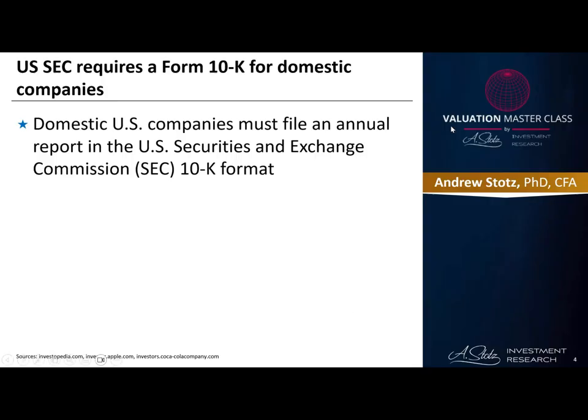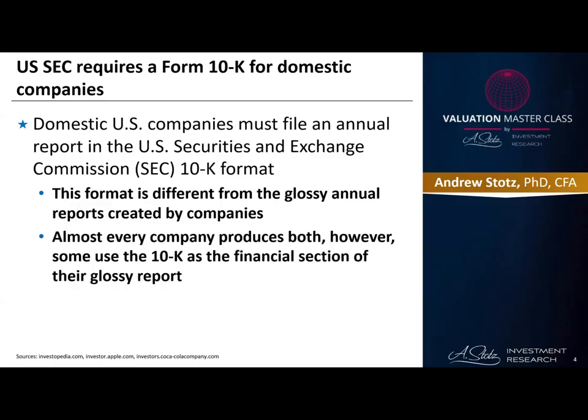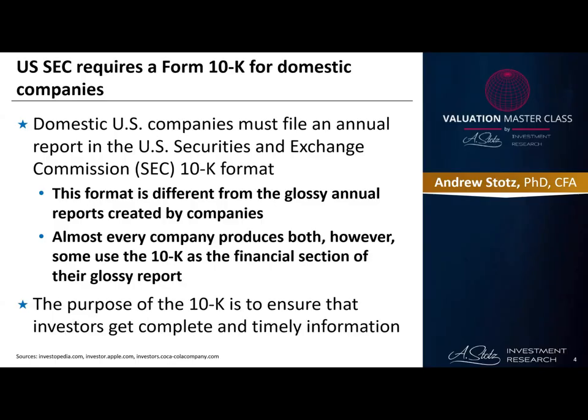The domestic US company files an annual report in the US Securities and Exchange Commission 10K format. This format is different from the glossy annual reports created by the companies. Almost every company produces both, however, some use the 10K as the financial sections of the glossy report. The purpose of the 10K is to ensure that the investor gets complete and timely information.